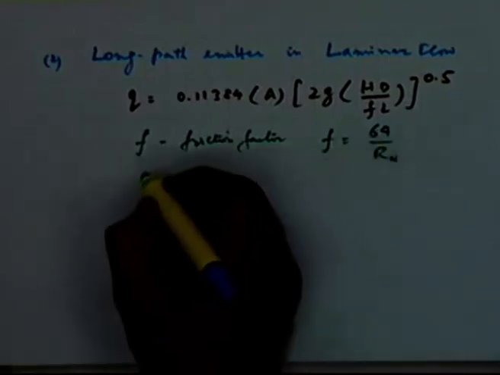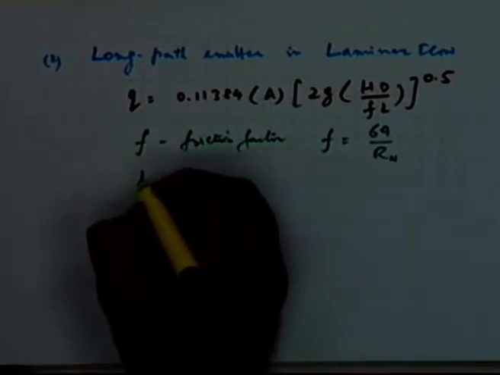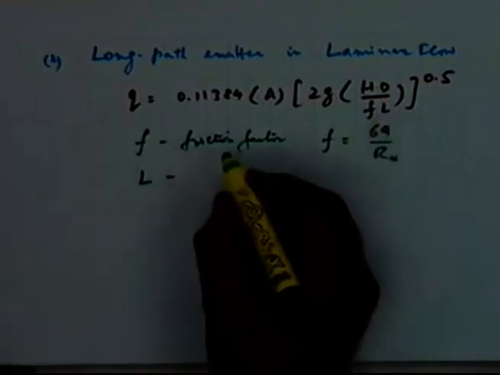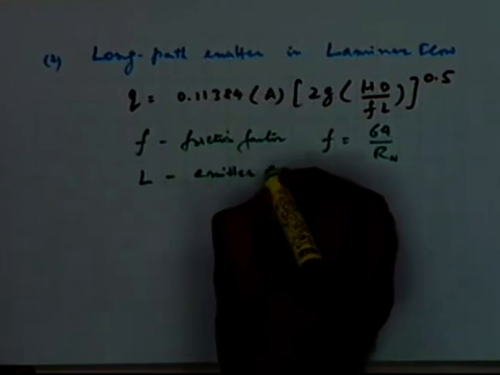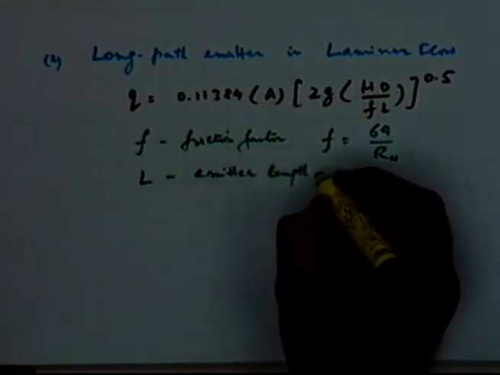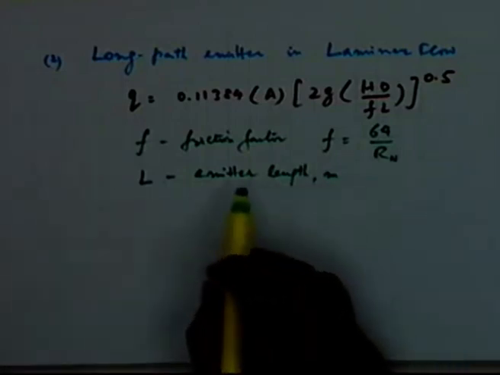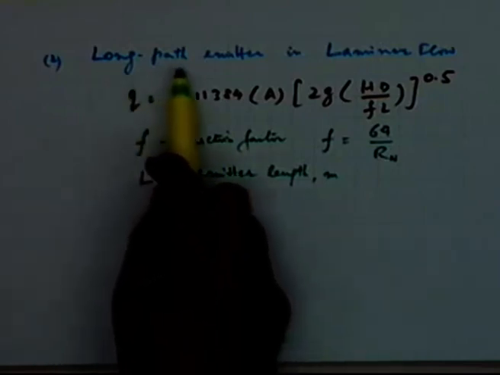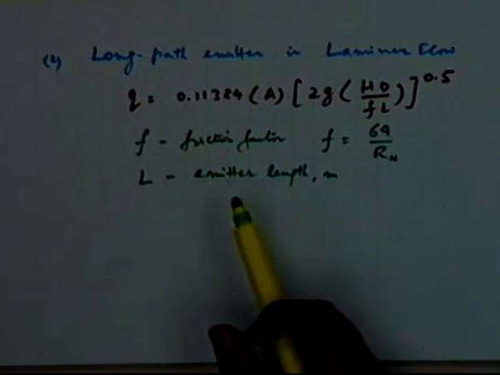And in this case, the other term which we have not expressed so far is the L, which is the emitter length, in meters. Now, the emitter length in the long path emitter is not the physical length of the emitter, it is the length of the path.